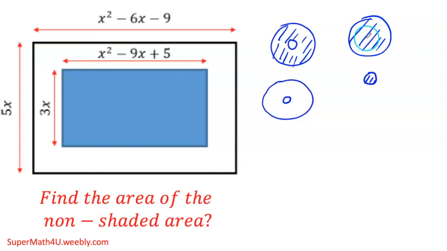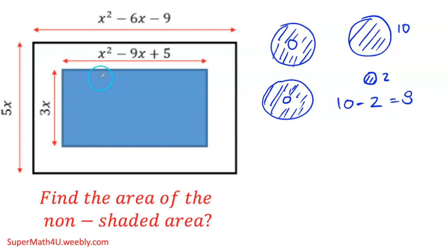Let's pretend that I have a complete area of 10, and the area of the little hole is 2. Then to find the area of that donut, the remaining, you subtract the total minus the hole, and that's going to give you the remaining area. In this case, pretending, that will give you an 8.